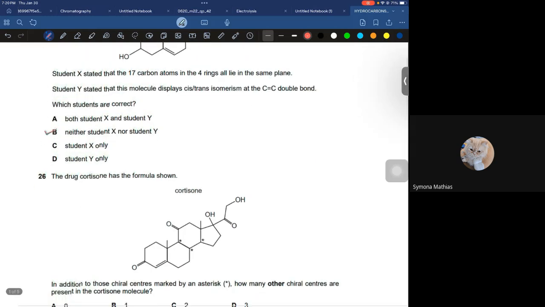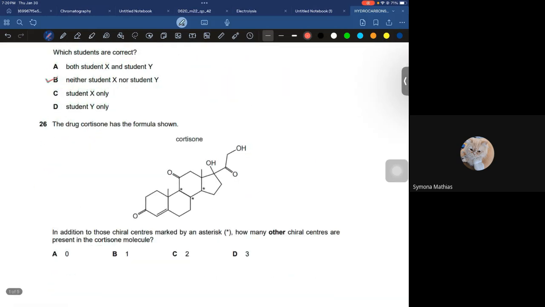Now see this. Can you tell me how many chiral centers are there? So this is chiral, this is chiral.